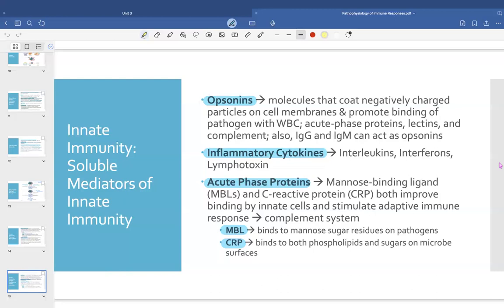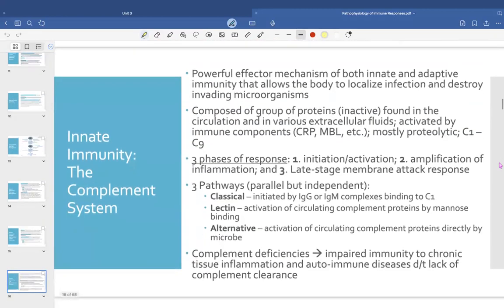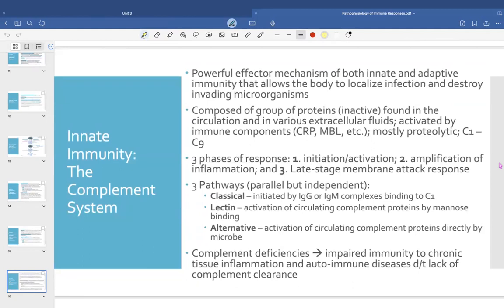Okay, and so it's a group of essentially inactive proteins that are in our circulation. These are inactive proteins that are in circulation, okay? And also in some of our extracellular fluids, and they're just there.